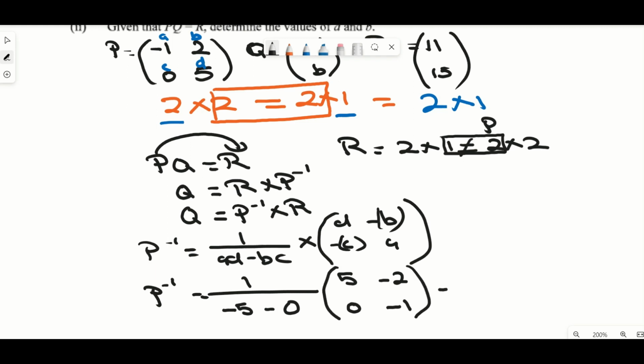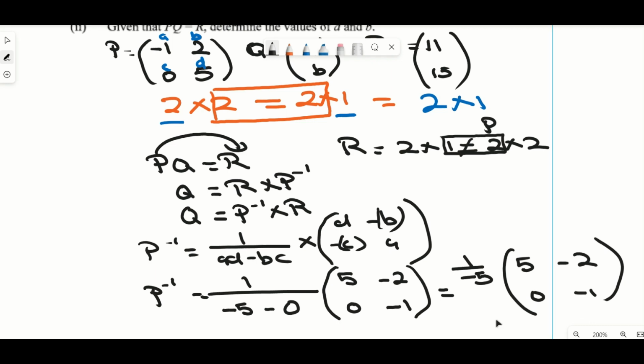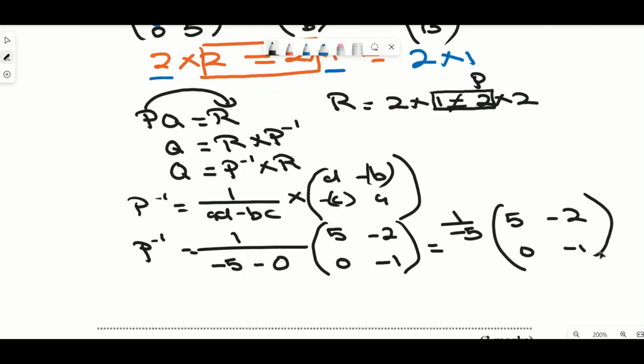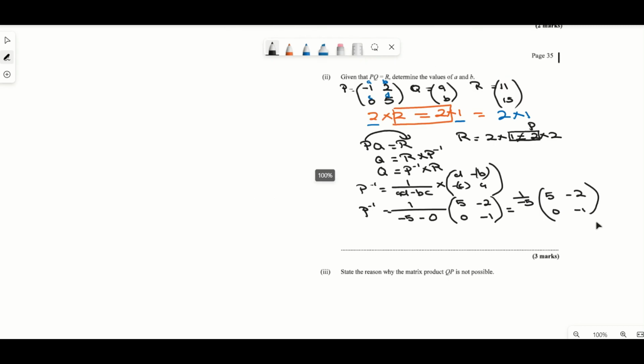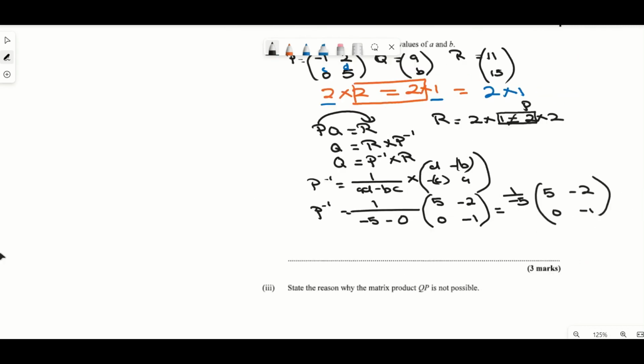Right, so now this becomes 1 over negative 5 multiplied by the matrix 5, minus 2, 0, minus 1. Right, so let's multiply this out. Okay, I'm probably writing a little too big. That is why I used up all the space.